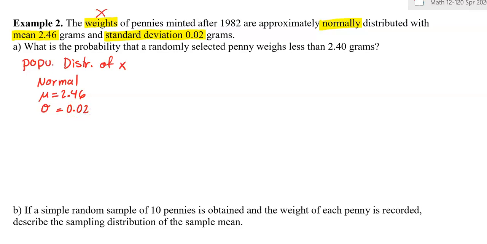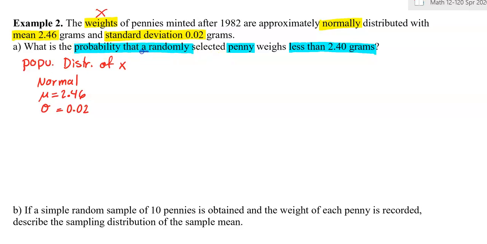So let's see what part A says. What is the probability that a randomly selected penny weighs less than 2.40 grams? So this problem says, again, probability that a randomly selected penny.